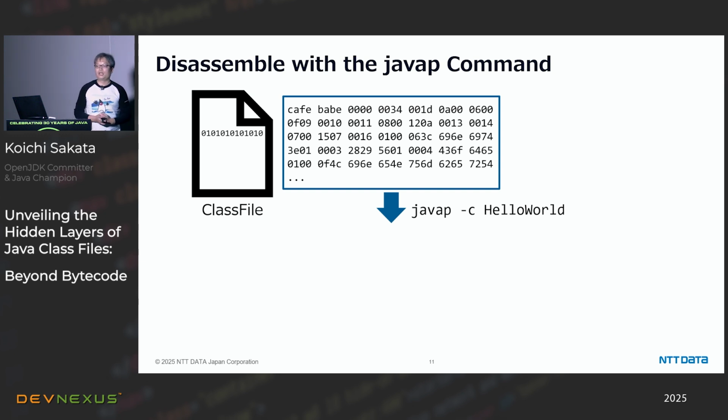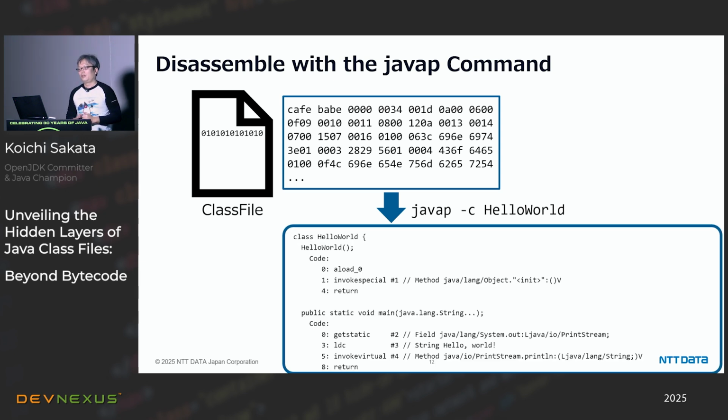Next, let's talk about the javap command. This command is commonly used to disassemble a class file. For example, if we have a class named HelloWorld, running javap -c HelloWorld will disassemble the class and show its content. After that, we can see the bytecode.